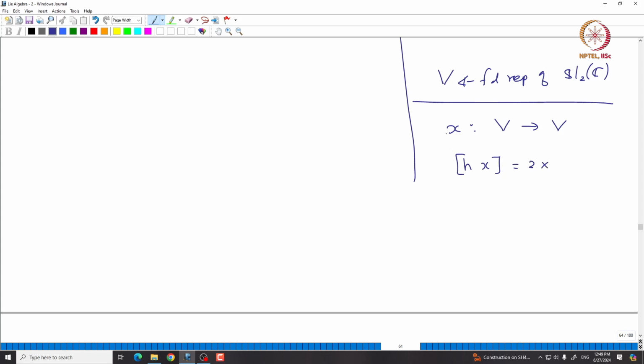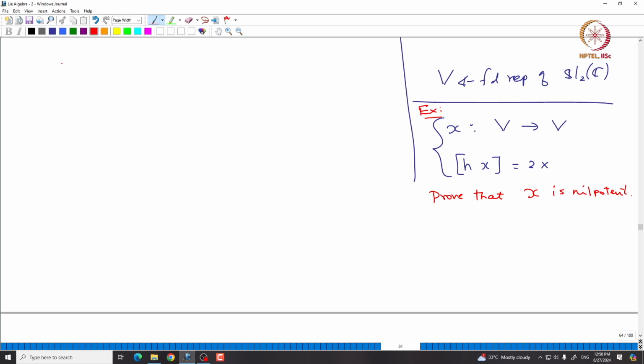With these conditions we can prove that X acts nilpotently on capital V. I will leave it as an exercise; it is not very hard to prove. Similarly, Y also acts nilpotently on capital V.